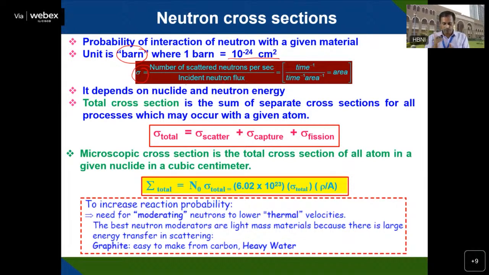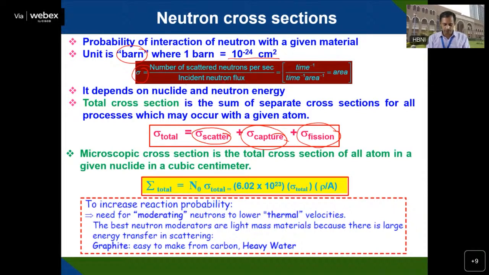It depends on the nuclei as well as the neutron energy. It depends on both parameters. The total cross section is how many neutrons are scattered, how many are captured, and how many are involved in fission.